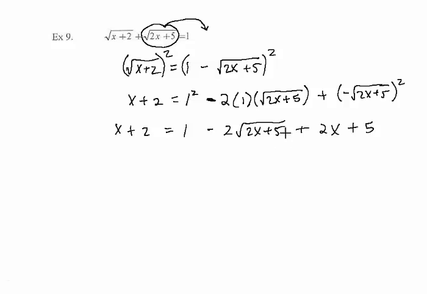And here we have one radical left. We started with 2, and we just have 1 left. So now we want to get this one by itself. We could combine like terms on the right. We have a 1, we have a 5.